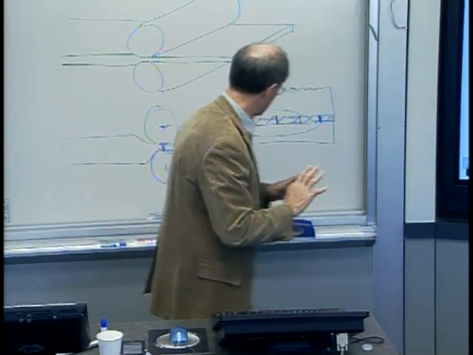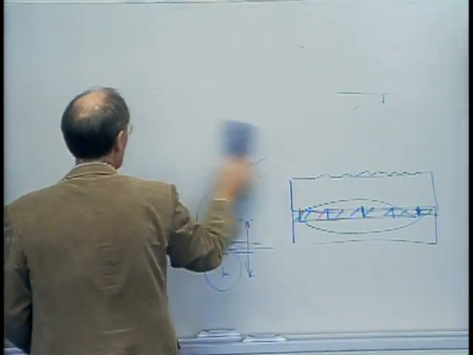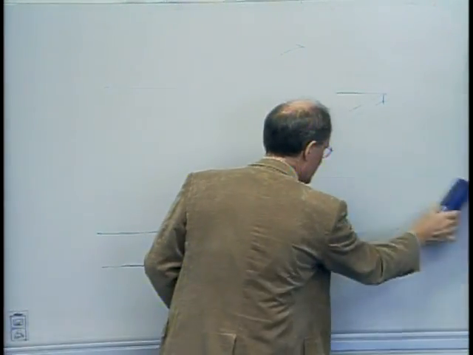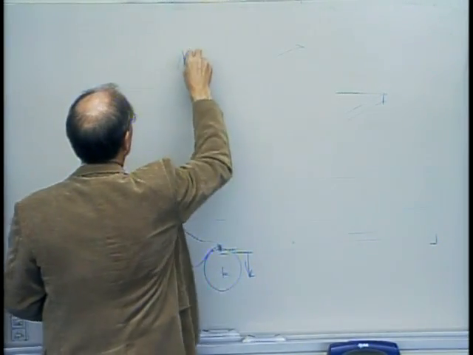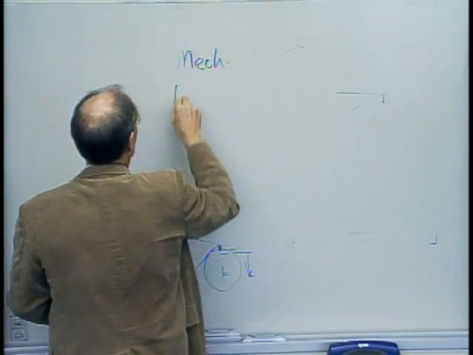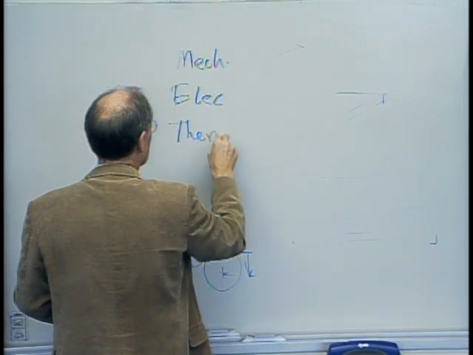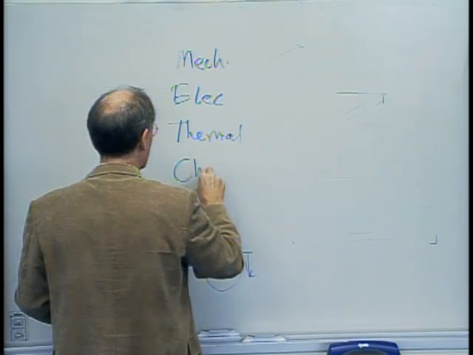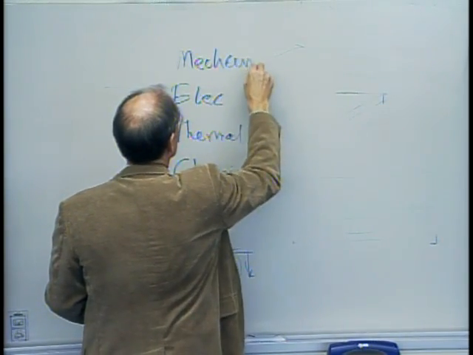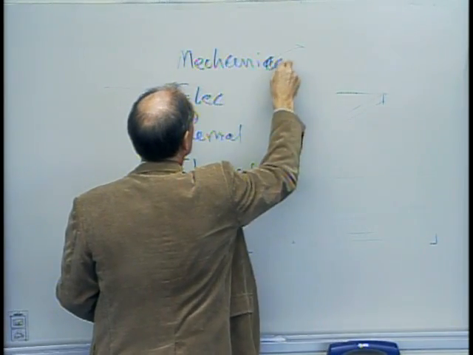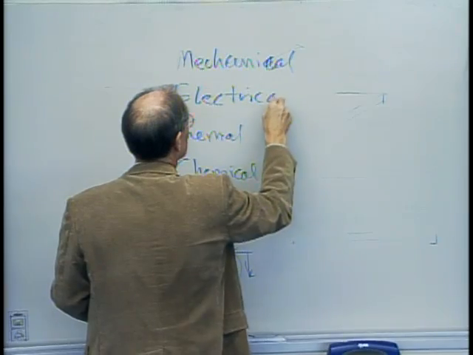Let me go back to this. I won't bother with the slides. What I called mode before was really my energy source. Why does it matter whether I'm using mechanical, electrical, thermal, or chemical as my change agent? What difference does that make? It's just energy, right?